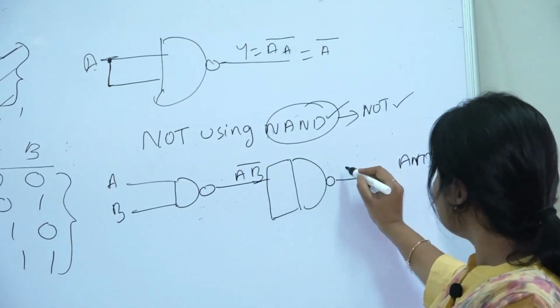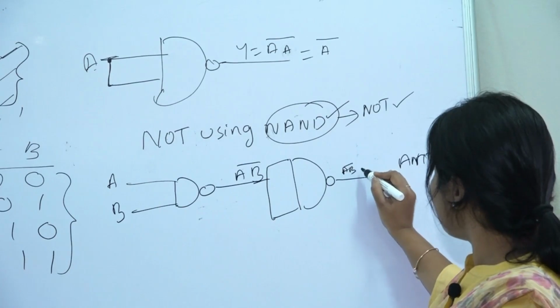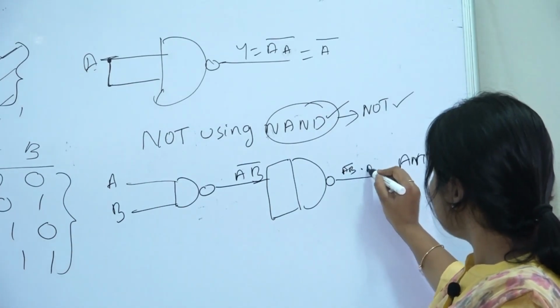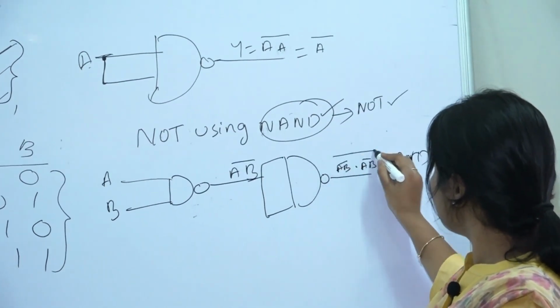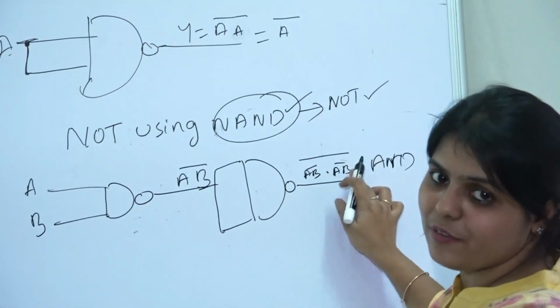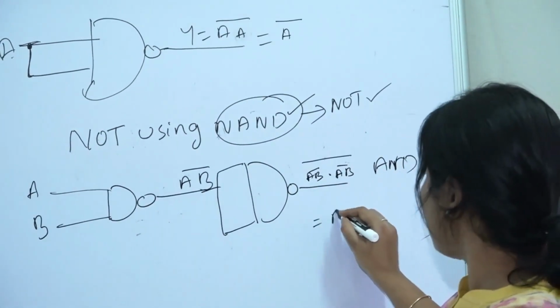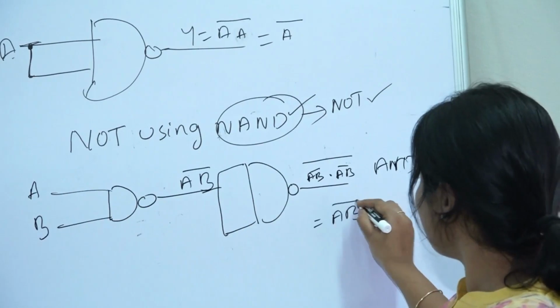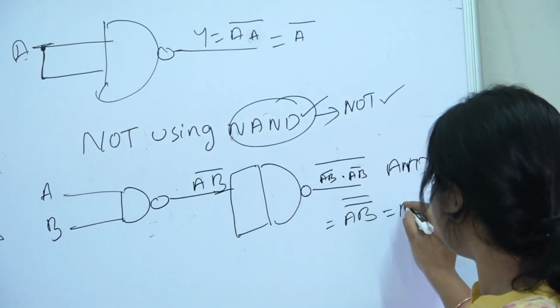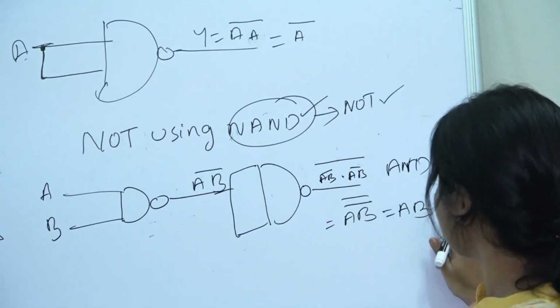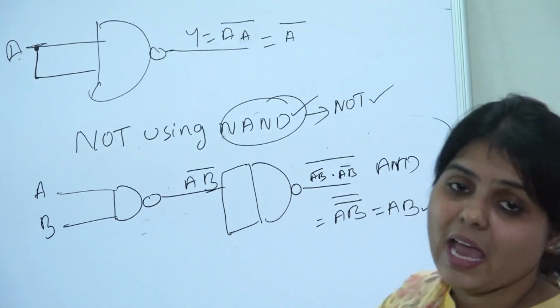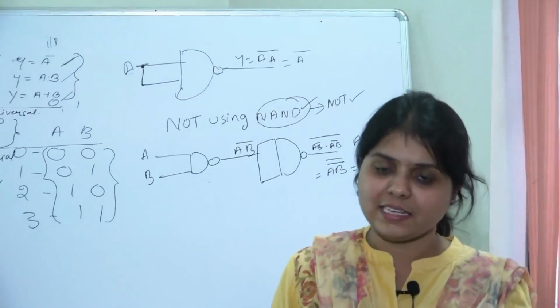So this will be (A B bar) into (A B bar), whole bar. This is A into A, which is again A. So we have ((AB) bar) bar, which is equal to A into B. So we are getting the AND operation using NAND gates.